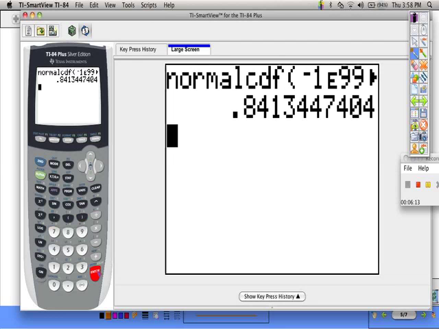And we get the same probability, 0.8413.